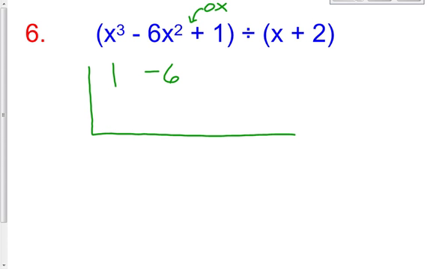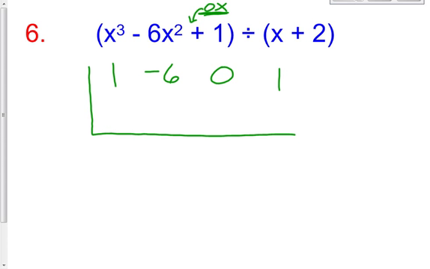But if we were to truly write this in descending order, we would have a 0x right here. So we have to put that placeholder of a 0 in there. We have to put in descending order all of our coefficients. So it's 1x cubed, a negative 6x squared, 0 x's, and our positive 1 for our constant term. So make sure that you're very, very cautious of doing that.